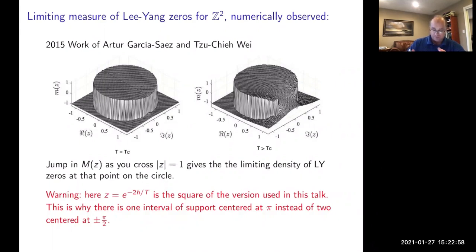And then they made these plots of the magnetization, and the jump in M of Z as you cross the circle should be your density of the measure. And so here at Tc, they don't have a plot in their paper below Tc, but at Tc, you see you have a jump everywhere on the circle, and then maybe there's something not clear there. But above Tc, you have this nice slope where you have analytic behavior.